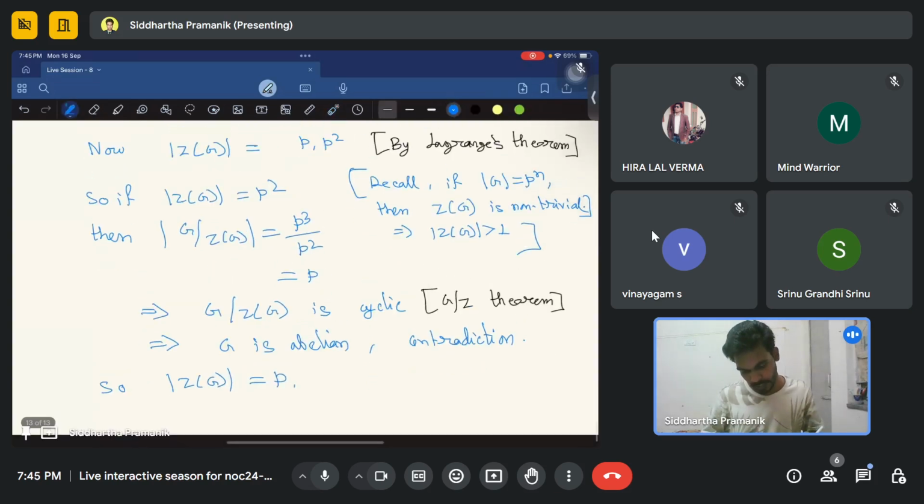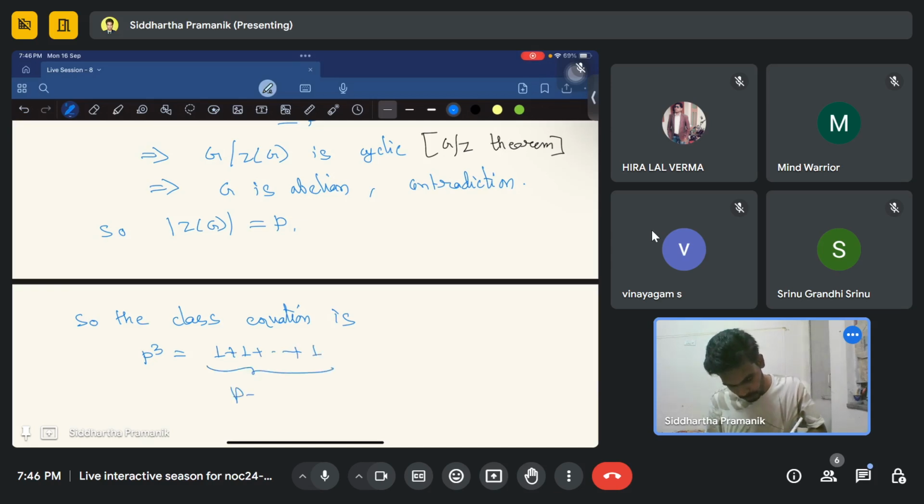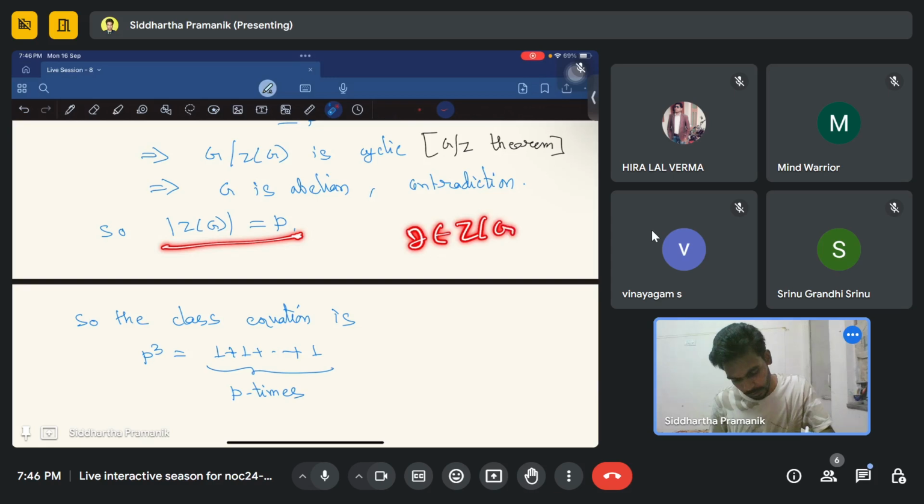Now let's come back to the class equation. The class equation is PQ equals 1 plus 1 plus 1 up to P times, because the center has order P. Every element in the center has a singleton conjugacy class.